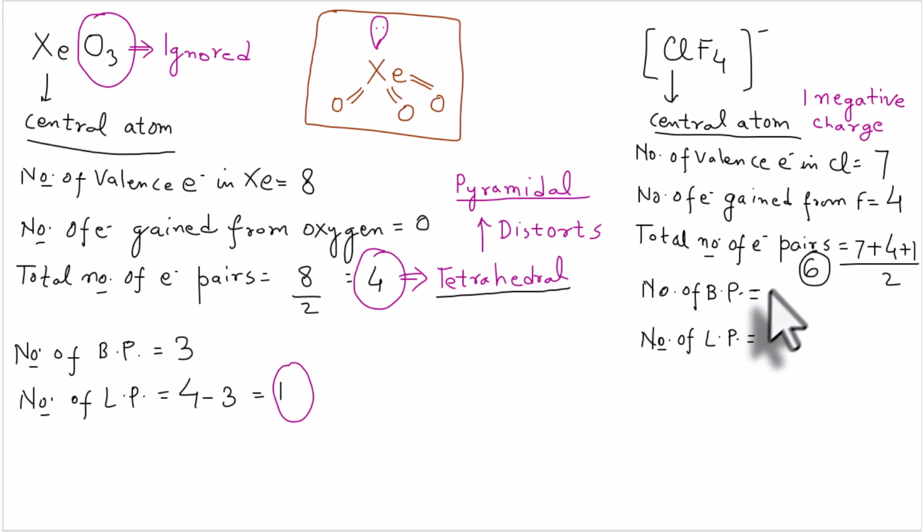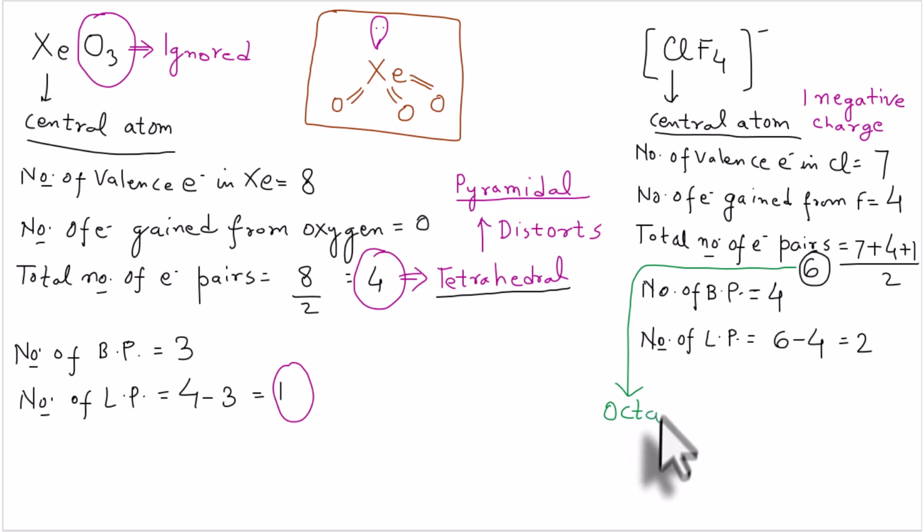Now how many bond pairs? We have 4 fluorine atoms bonded to chlorine. So 4 bond pairs. Number of lone pairs: 6 minus 4 is equal to 2 lone pairs. Now when the total number of electron pairs is equal to 6, then the parent geometry or the regular geometry is octahedral according to VSEPR theory.